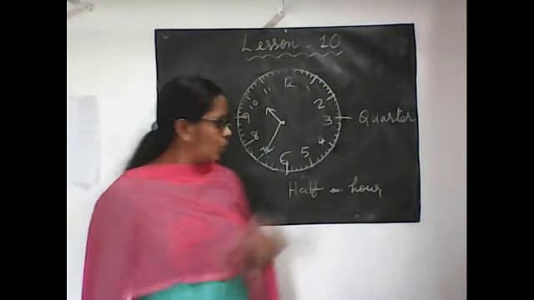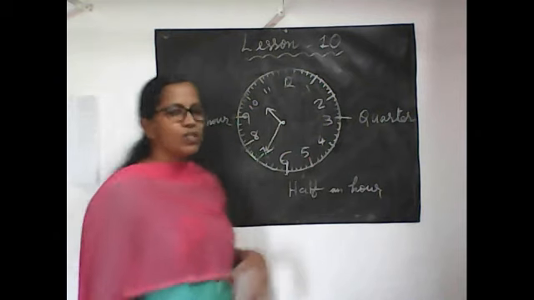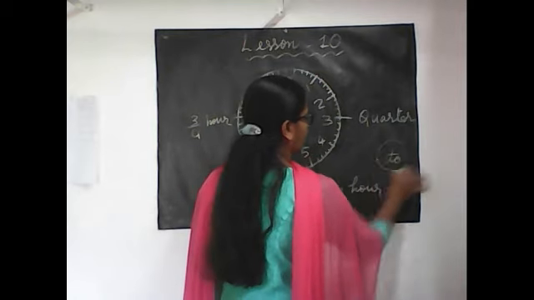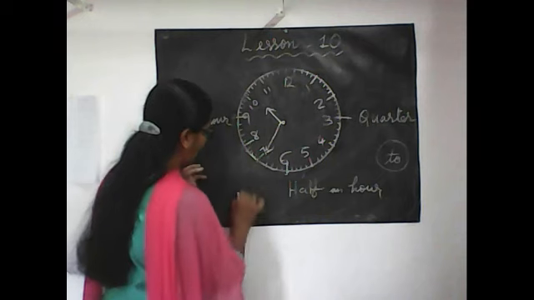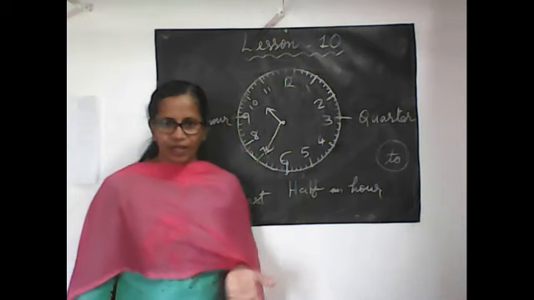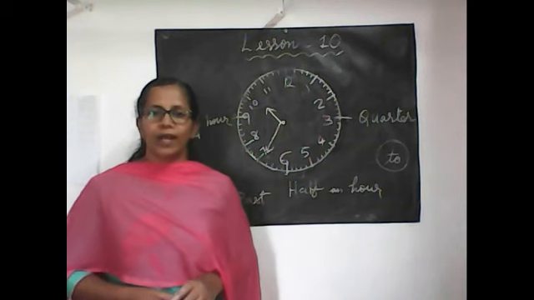When the minute hand is after 6, we use the word to. Up to 6, we say past. Let us practice a few questions by telling the time using to and past.